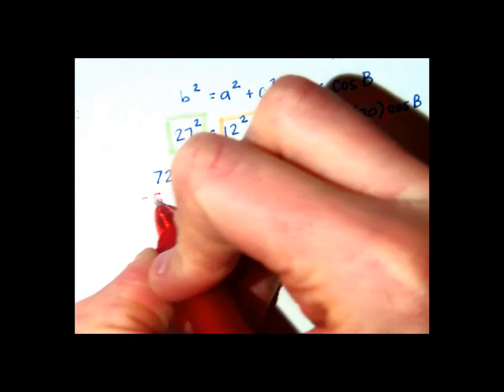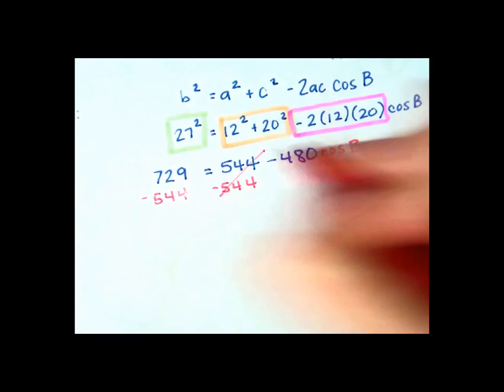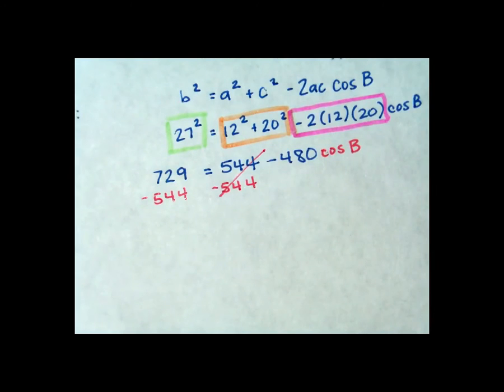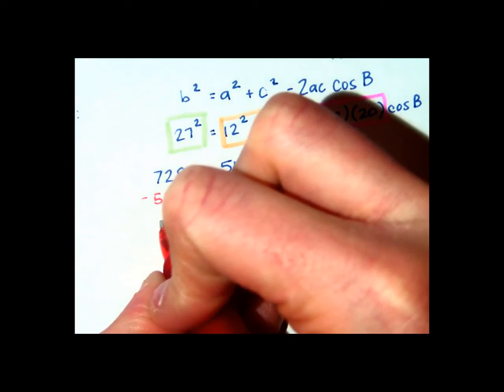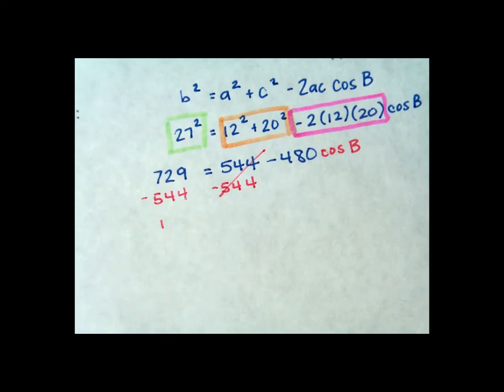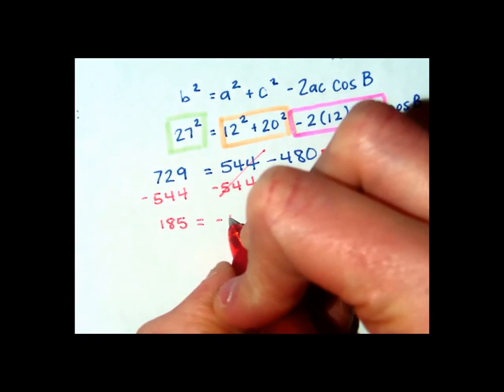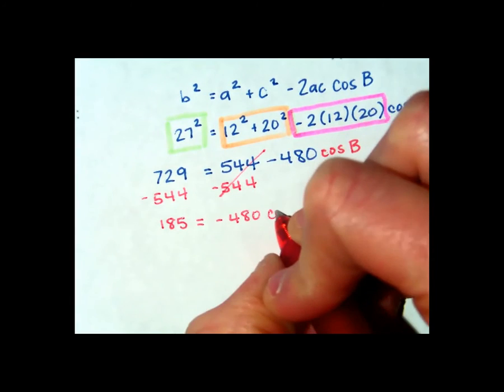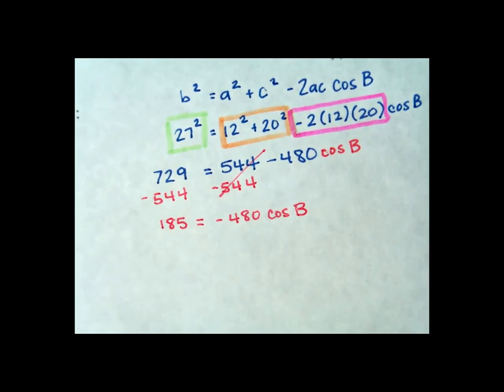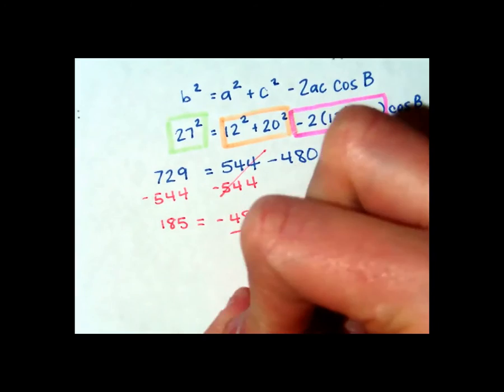Subtract 544 first, which gives you, then what? Divide by negative 480.